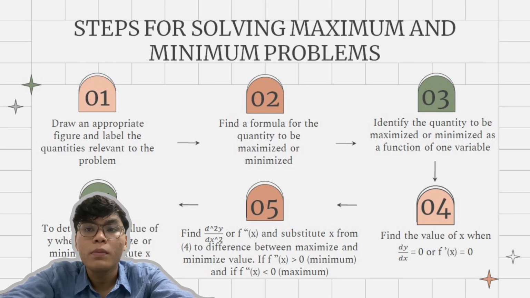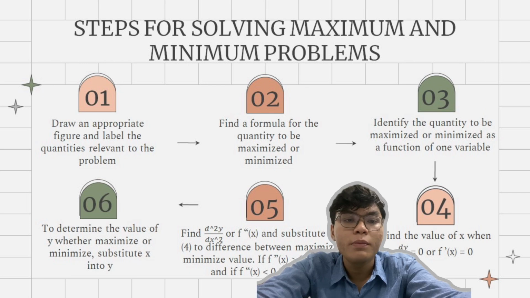If f double prime x is greater than 0, it is a minimum, and if f double prime x is less than 0, it is a maximum. And lastly, to determine the value of y, whether maximized or minimized, substitute x into y.